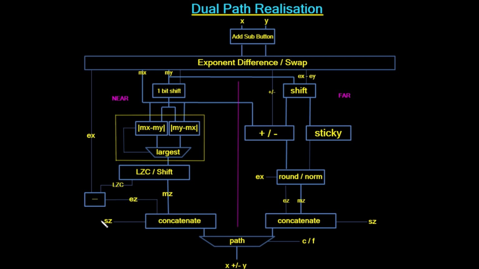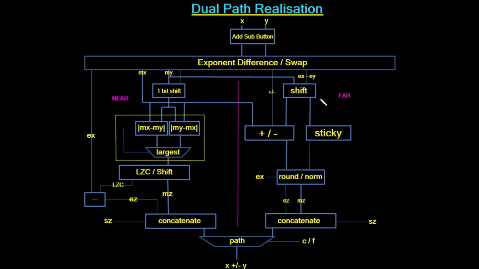So we take our sign, our exponent and our mantissa into just one block, and then it goes through this multiplexer, and there's a choice made by this multiplexer of the close path or the far path. Now sometimes you'll see it called the close path. The close path is just the near path, okay? So sometimes it's called close and sometimes it's called near.